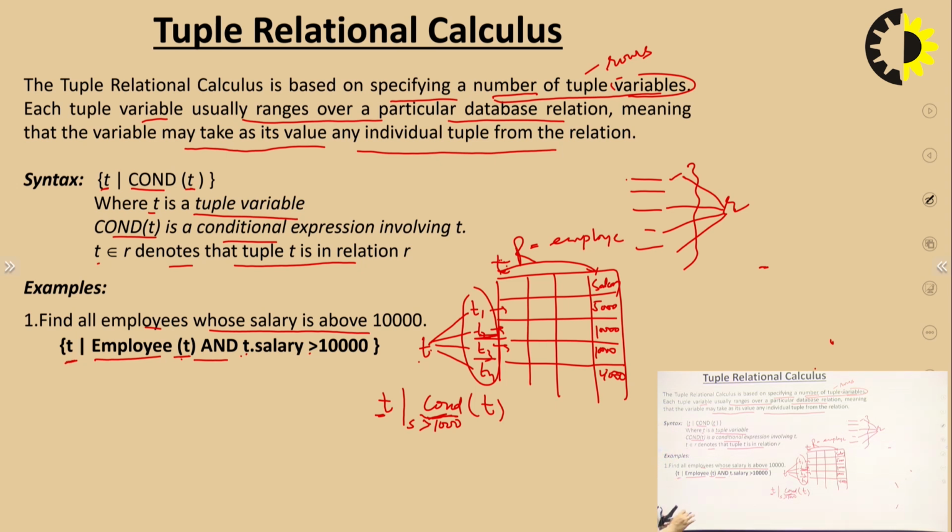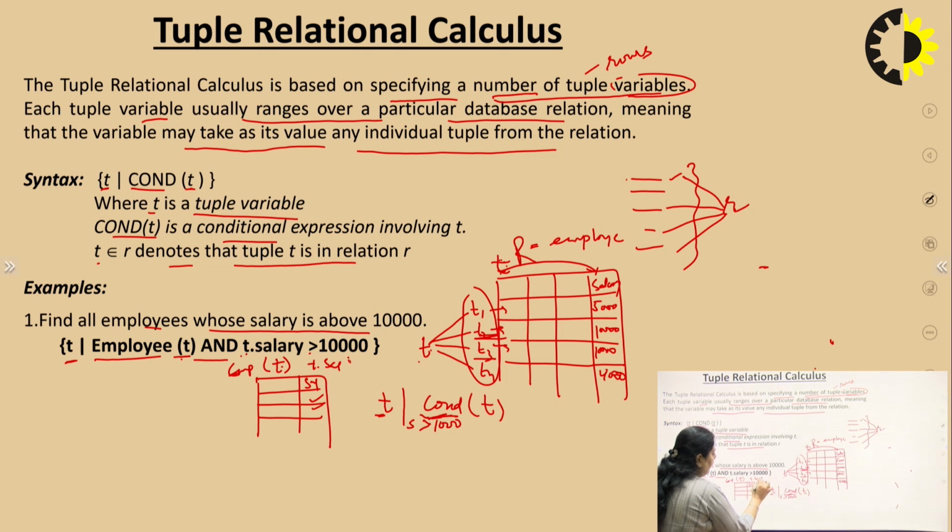Again, you have a relational employee table, and you have named it t. Now you are fetching the rows whose salary is greater than 10,000, using this table t and its attribute salary. The rows with salary greater than 10,000 will be fetched, and the value will come in this variable. Got it?